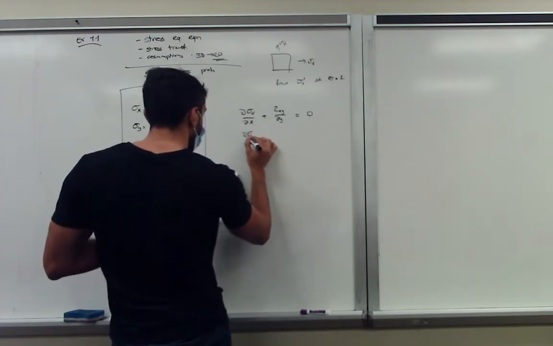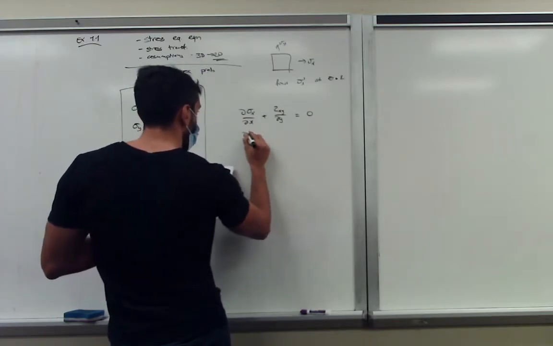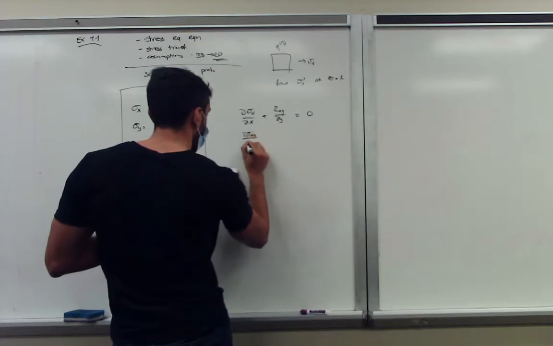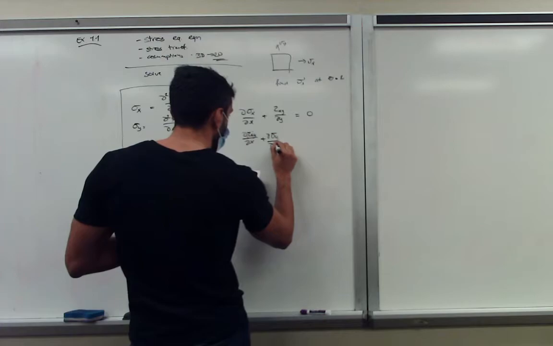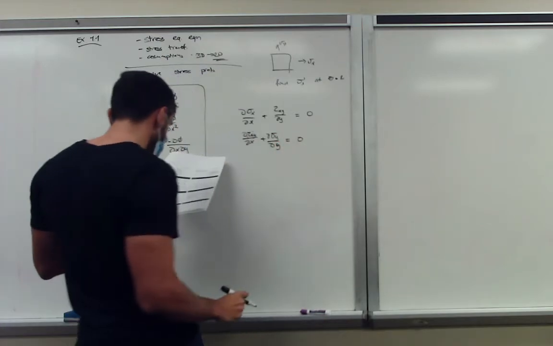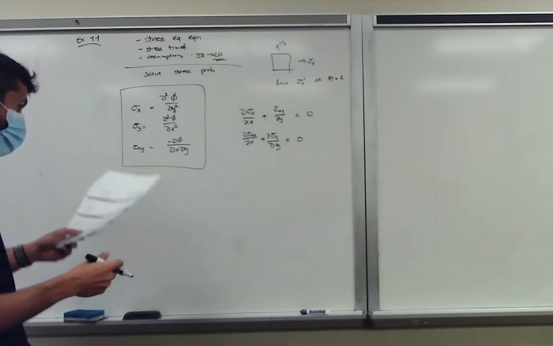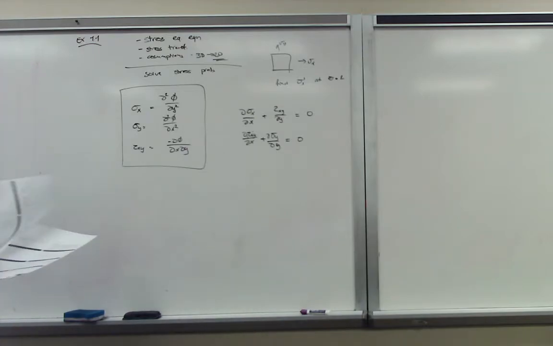And we have partial tau xy over partial x, plus partial sigma y over partial y, is equal to 0. Those were the two equilibrium equations that we start off with.